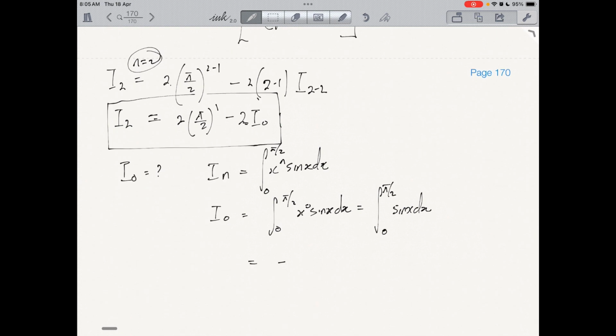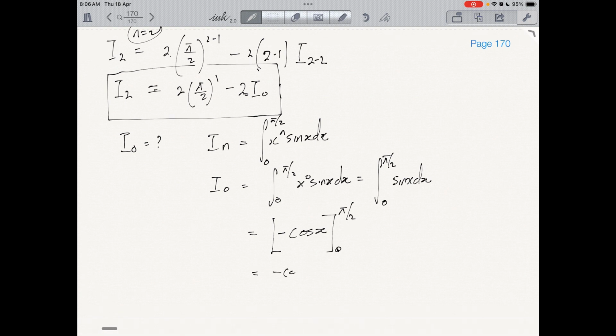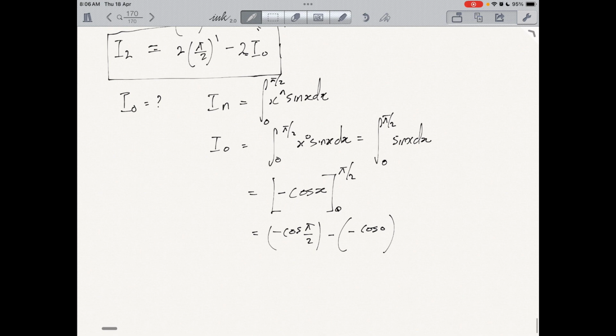This will give us minus cos x, because integrating sine x gives minus cos x, and the limit is from 0 to pi over 2. So substituting our upper limit, we have minus cos pi over 2 minus the lower limit, that will give us minus cos 0. And we know that cos pi over 2 is 0 and cos 0 is 1. So altogether I naught will be equal to 1.